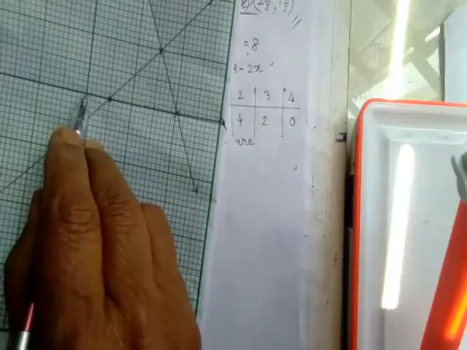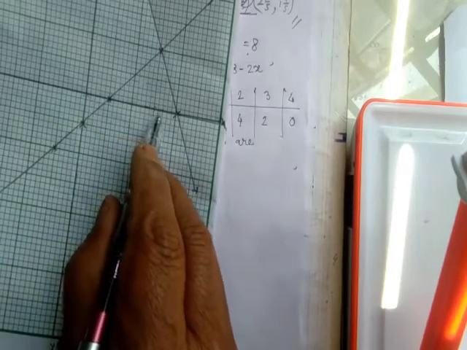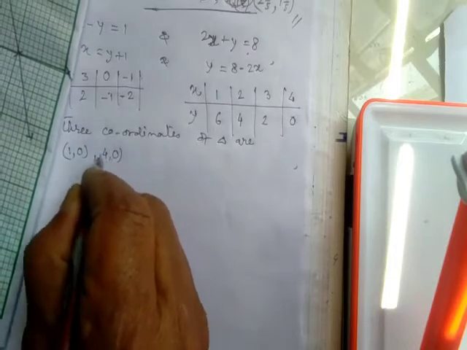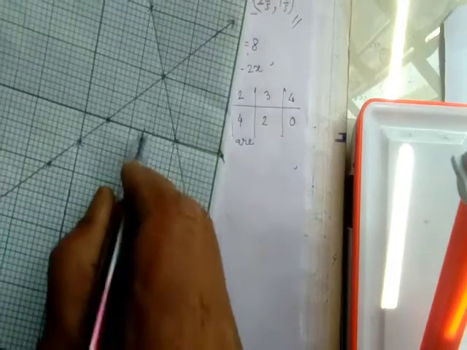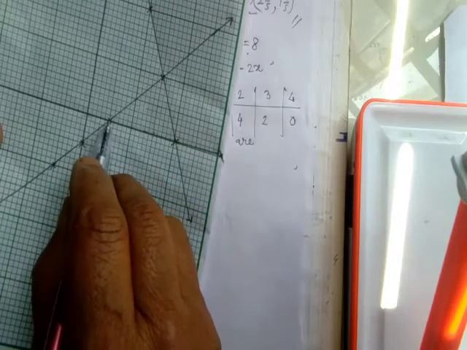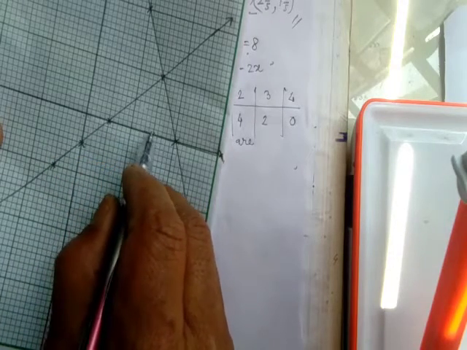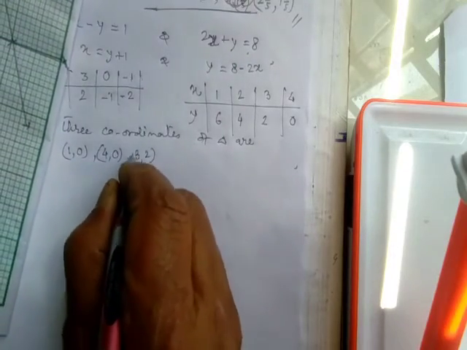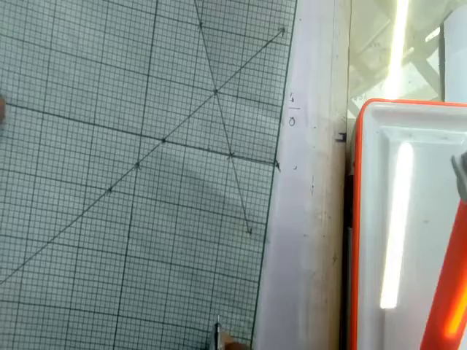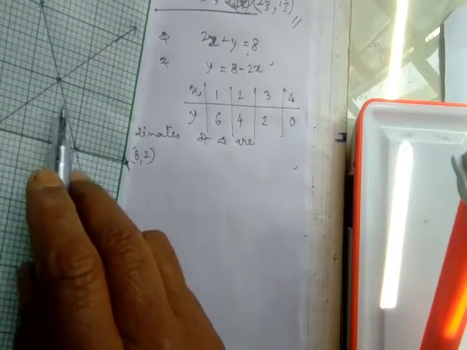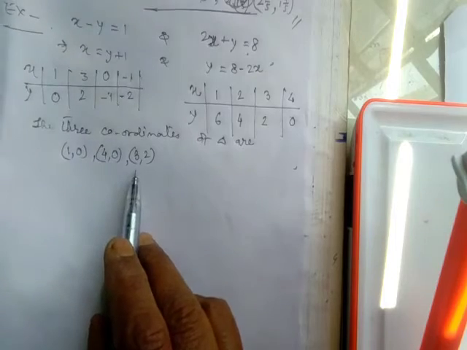Next one, 0, 1, 2, 3, 4: (4, 0). And the third one: x is equal to 3, y is equal to 2: (3, 2). This is what we got, the 3 coordinates.